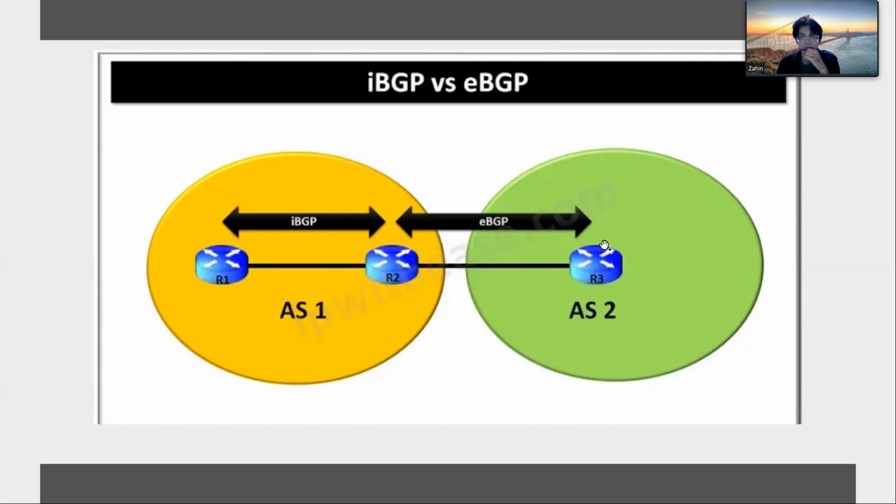Router 1 and router 2 are internally connected, and that's why it is called iBGP, while router 3 and router 2 is called eBGP because it is not in the internal network.